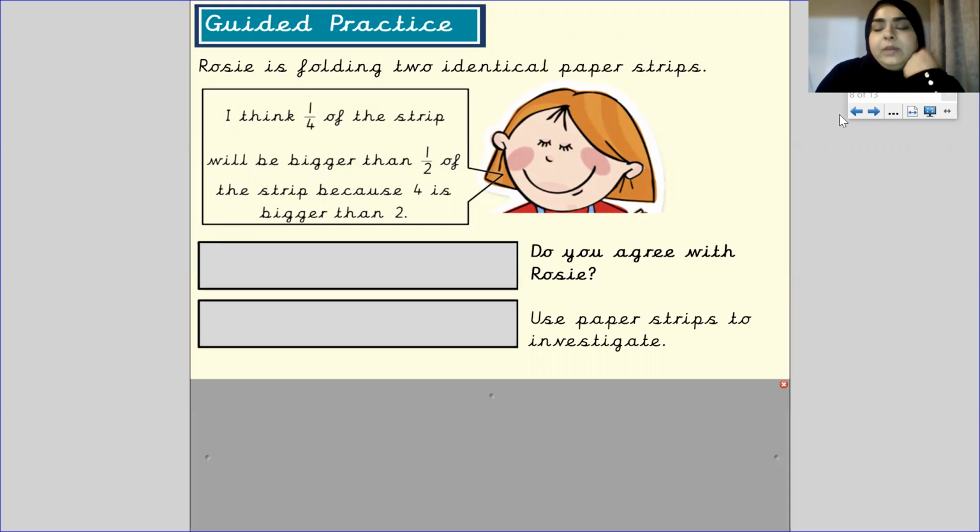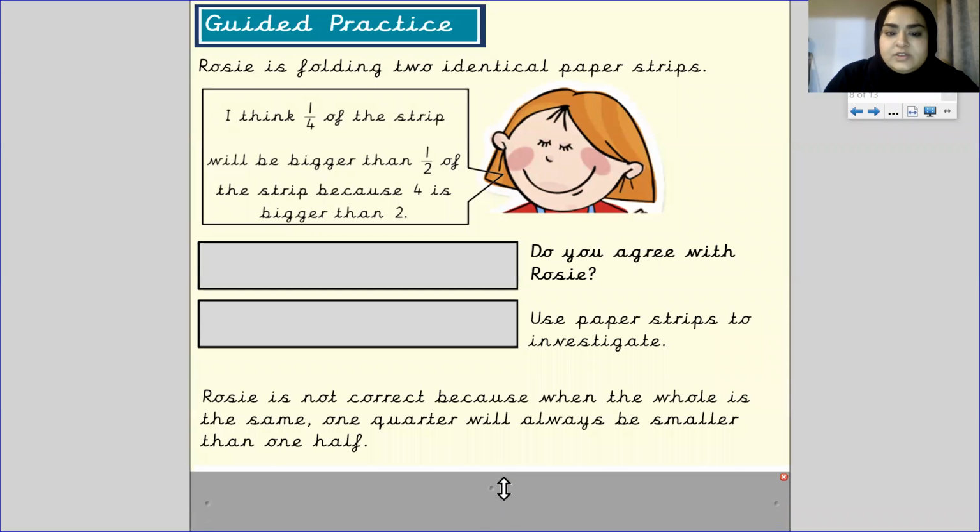Now, after having a look at that, do you agree with Rosie or do you disagree? So Rosie said, I think 1/4 of the strip will be bigger than half of the strip because 4 is bigger than 2. Do you agree or disagree? And tell me why. All right, fantastic. Now, Rosie is not correct because when the whole is the same, 1/4 will always be smaller than 1/2.